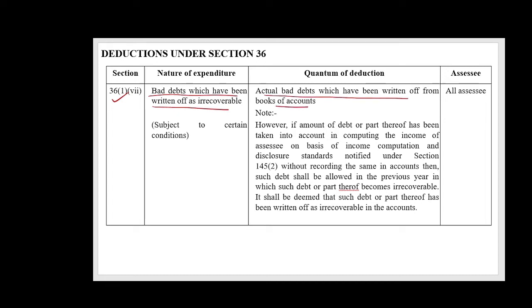However, if the amount of debt or part thereof has been taken into account while computing the income of the assessee on the basis of income computation and disclosure standards notified under section 145, subsection 2 without recording the same in accounts, then such debt shall be allowed in the previous year in which such debt or part thereof becomes irrecoverable. It shall be deemed that such debt or part thereof has been written off as irrecoverable in the account. And this particular deduction is available to all assessees.